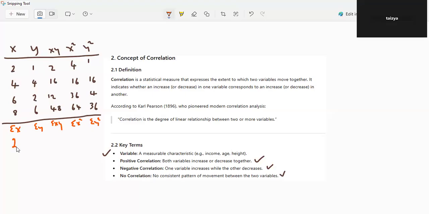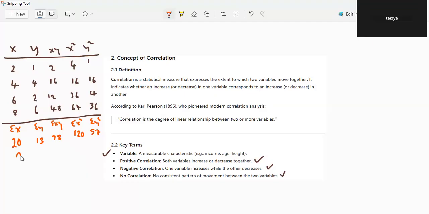The summation of x will be 20, then 13, then 78, 120, and 57.